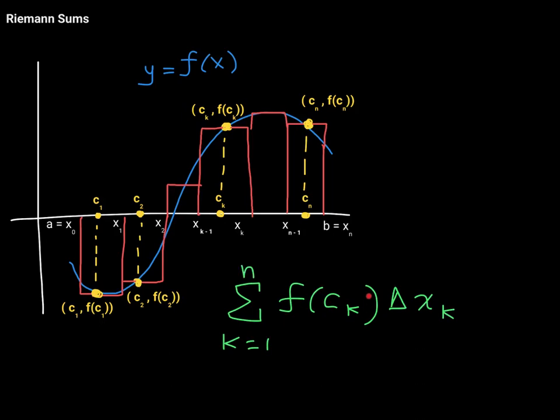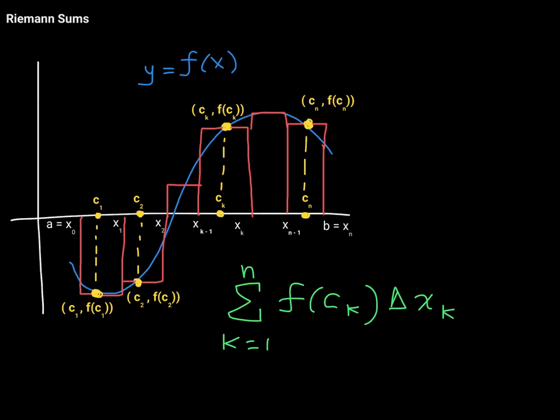Remember, this right here is the height of the rectangle, and this here is the width of the rectangle. So this sum here is called the Riemann sum for this function f on the interval from a to b.